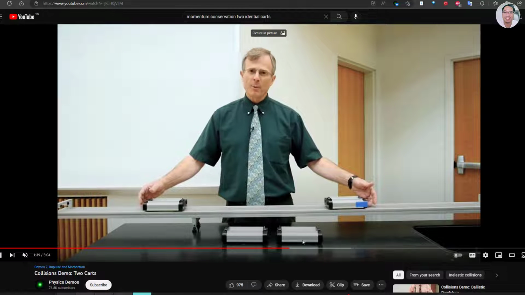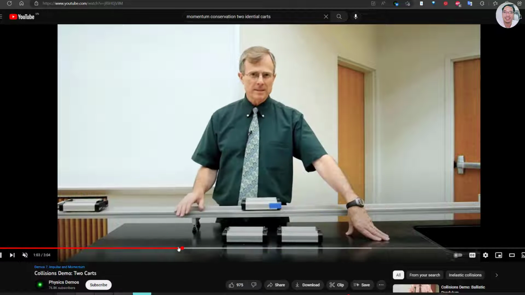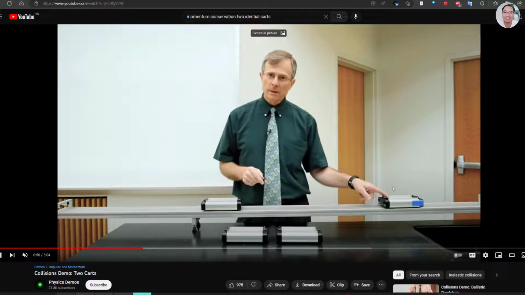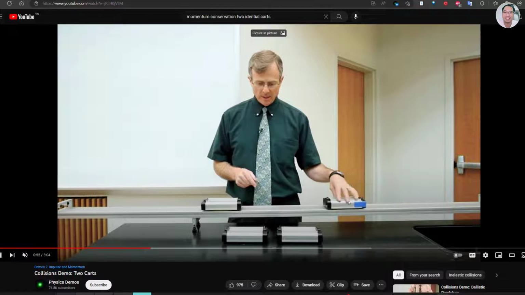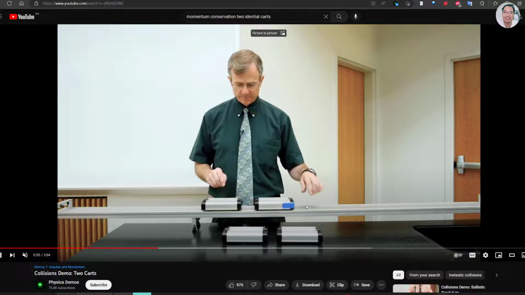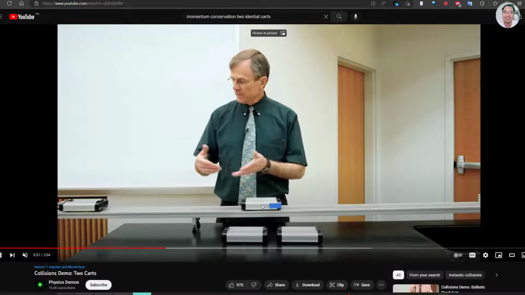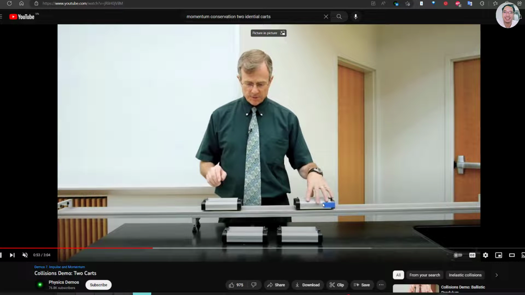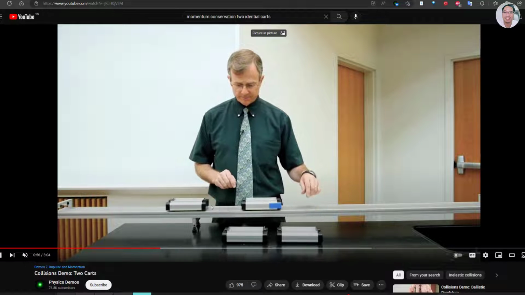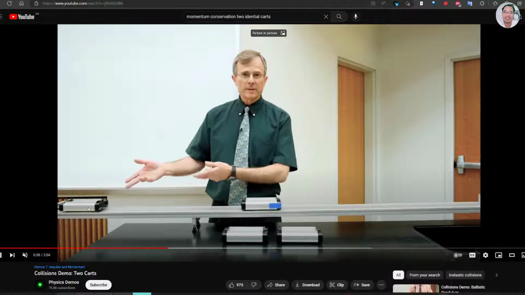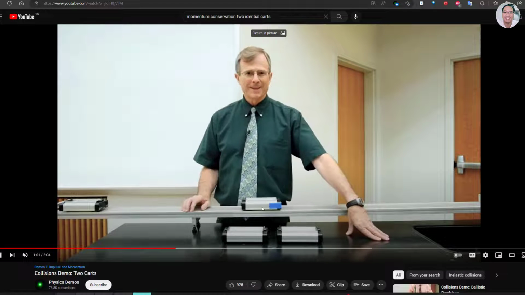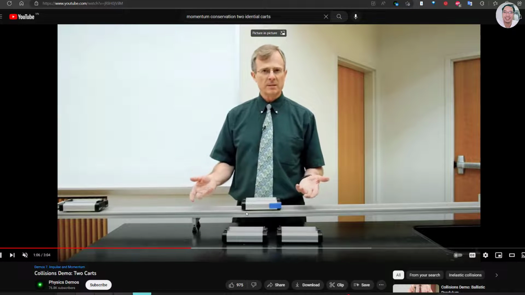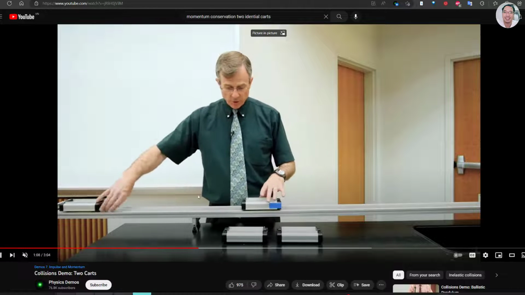One card is pushed to move, and the first becomes almost stationary, because all of its momentum, mass times velocity, has transferred totally 100% to the other card. The first card becomes stationary, and the second card moves with the same momentum as the first card, and therefore the same velocity because their masses are the same.